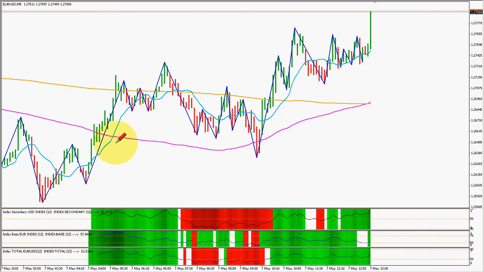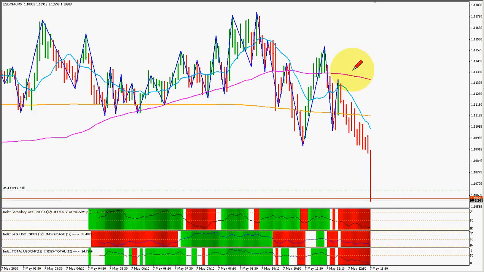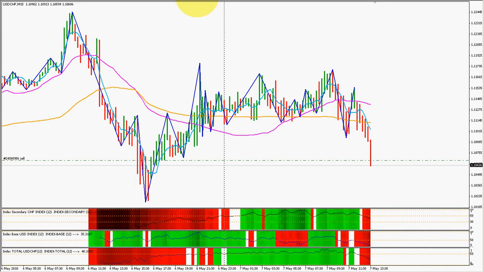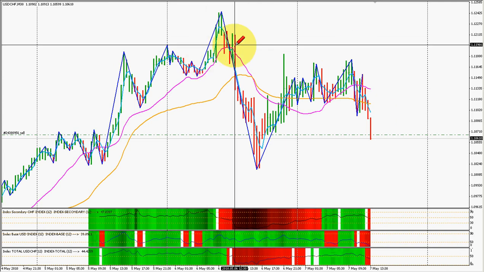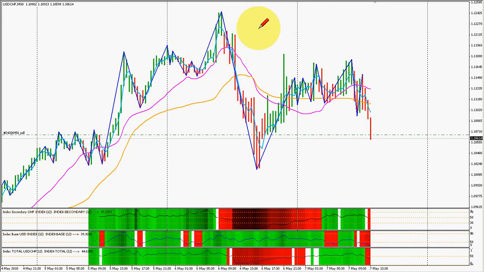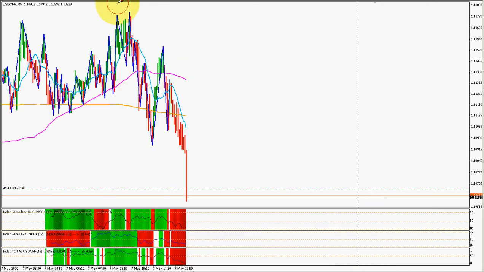Now I could also show you how the indexes are preparing this to take this short. This is today. That's the previous day high right there, and you will see now.